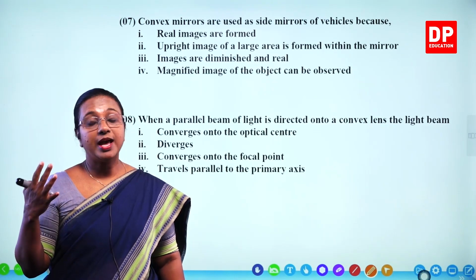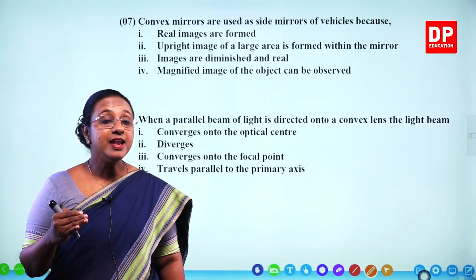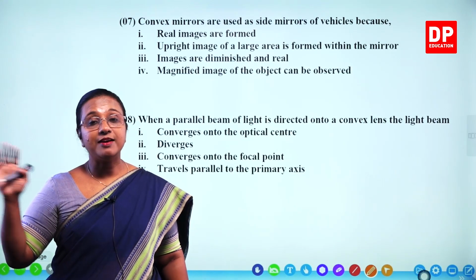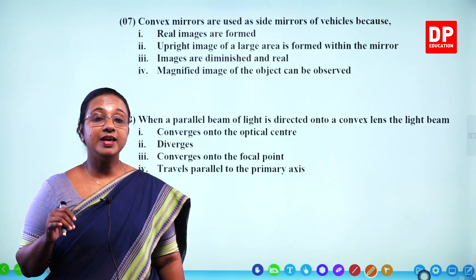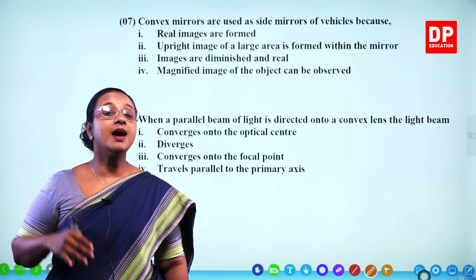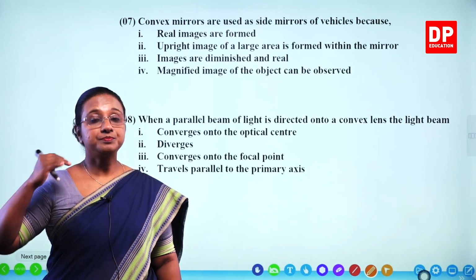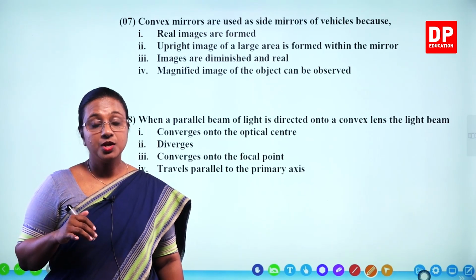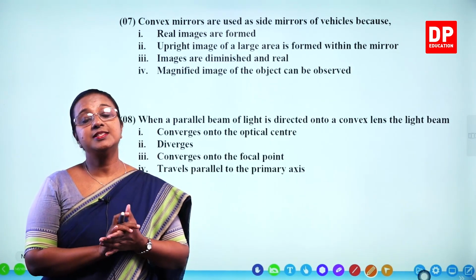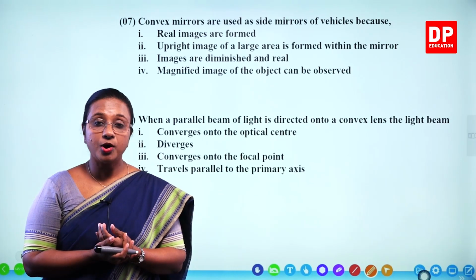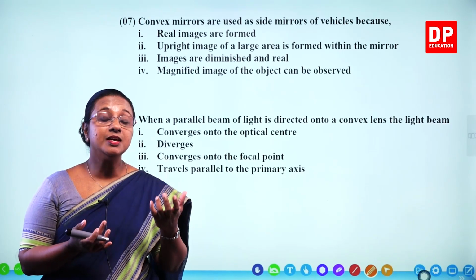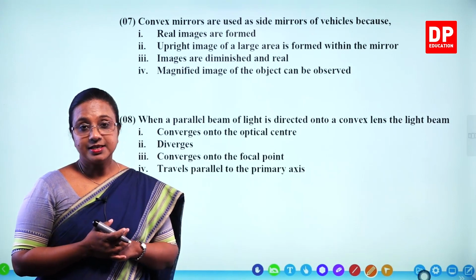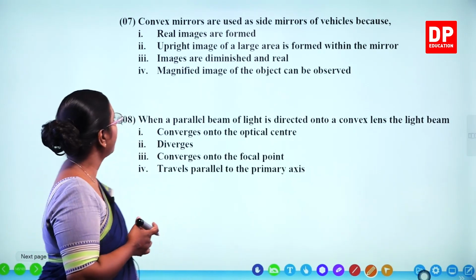It's virtual, you cannot get it on the screen, and also they are smaller than the object. That is why when you have it as side mirrors of vehicles, you can see all the other vehicles and everything that is behind you within that small mirror. So all the larger objects look as smaller objects in the mirror. So it's a smaller image that is formed.